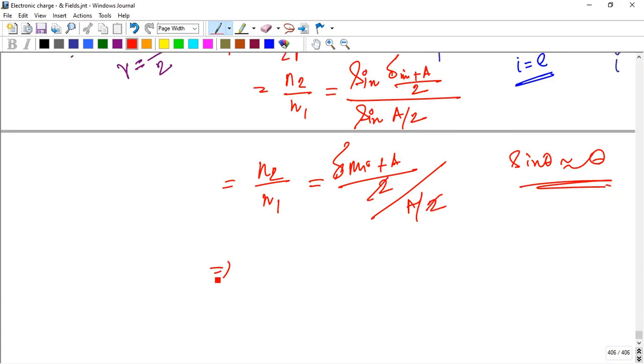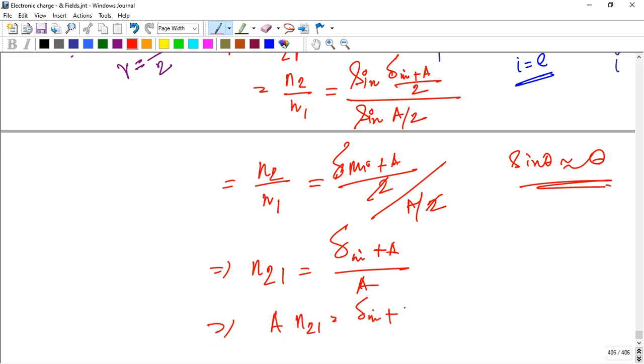So you get N21 equal to (delta minimum plus A) by A. Now cross multiply: A times N21 equals delta minimum plus A, so delta minimum equals A N21 minus A. Now A is common, so delta minimum equals A times (N21 minus 1).